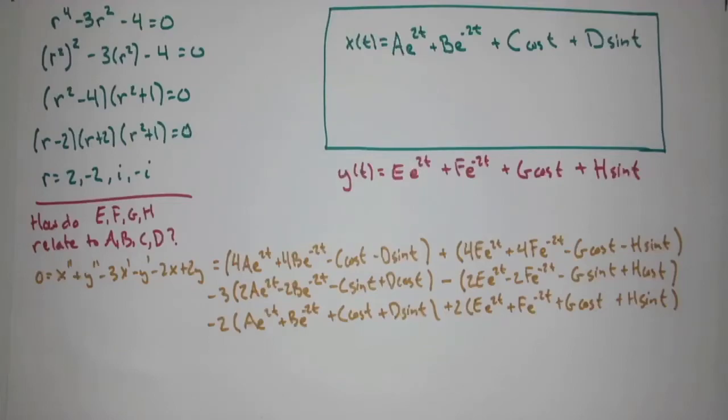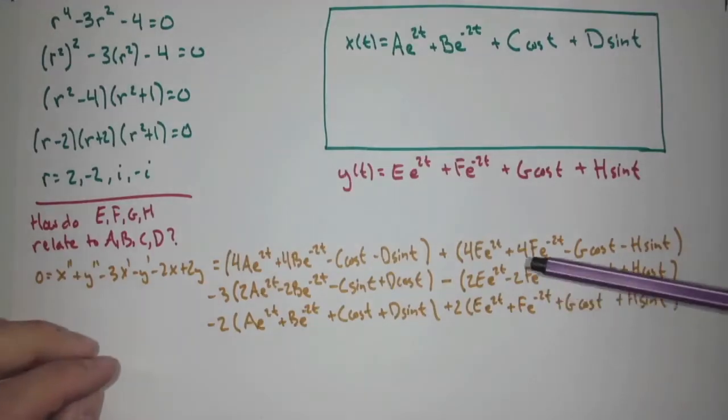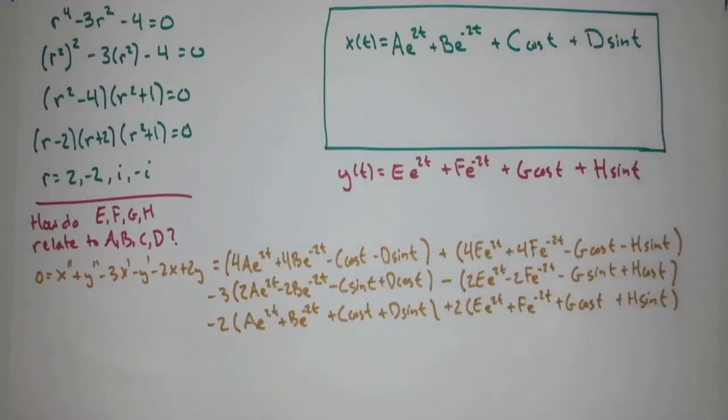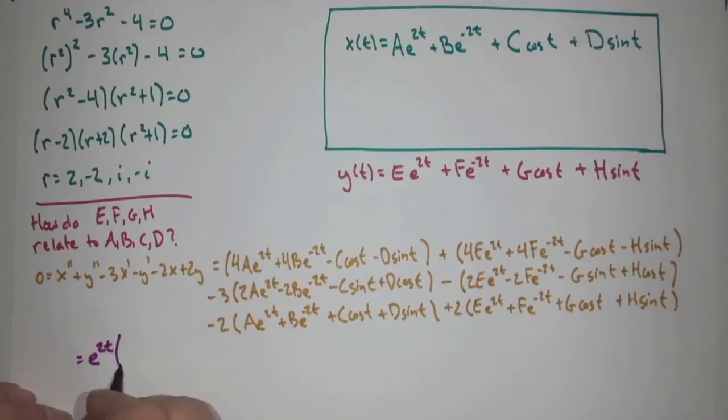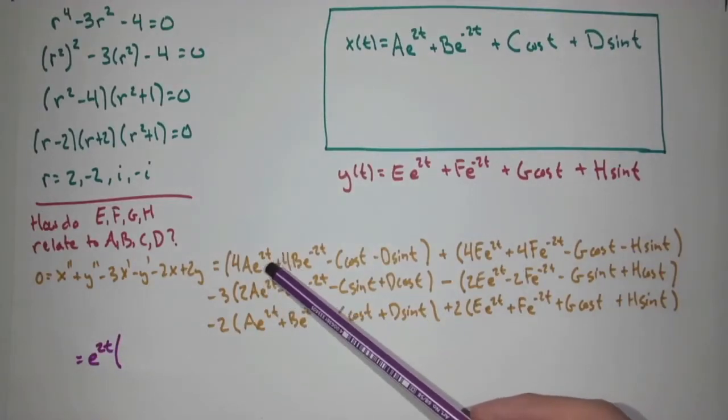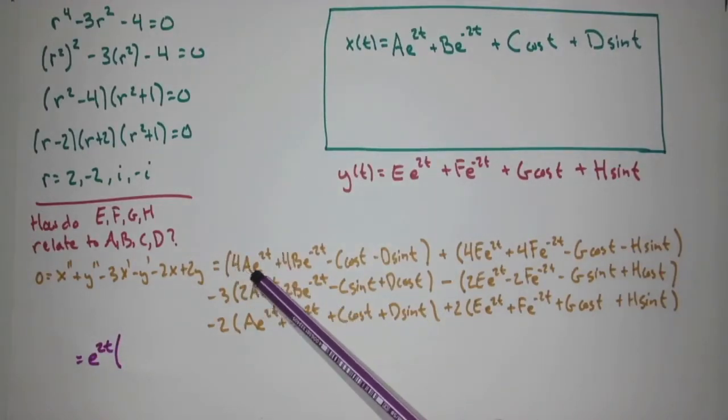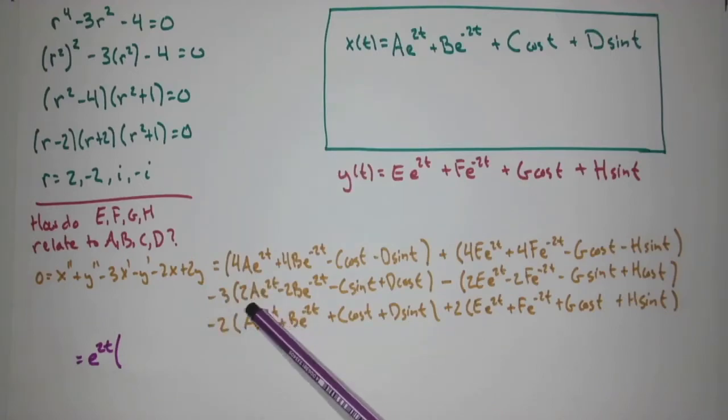Do we want to gather our like terms? Yeah, we gather. And when we say gather like terms, we gather based off of the functions. Okay, so e to the 2t. So we'll do some math before we gather, right? So let's see how many e to the 2t's do we have? We have 4a minus 6a minus 2a.